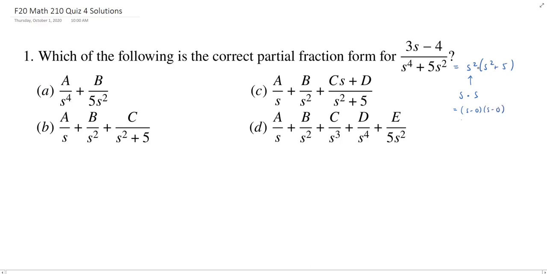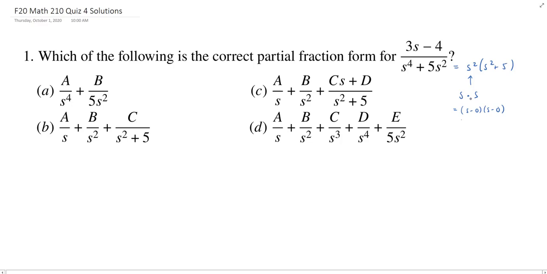So you can see that this is a repeated linear factor, the same linear factor occurring twice. The rule is whenever you have a repeated linear factor, you're going to need a summand for each time it occurs. Since it occurs twice, there needs to be two summands corresponding to the s.